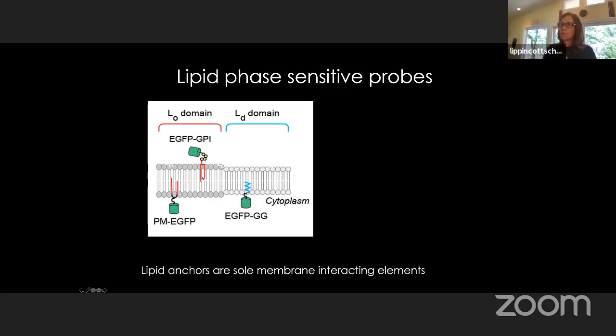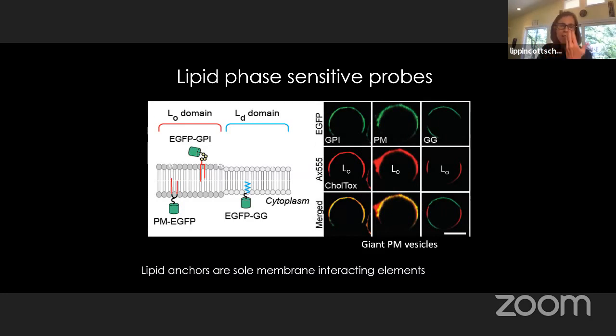This is a GPI anchored protein. Again, it's lipid anchored solely for its integration into the membrane. And then here's a general lipid anchored EGFP, which should essentially prefer a disordered as opposed to liquid ordered domain.